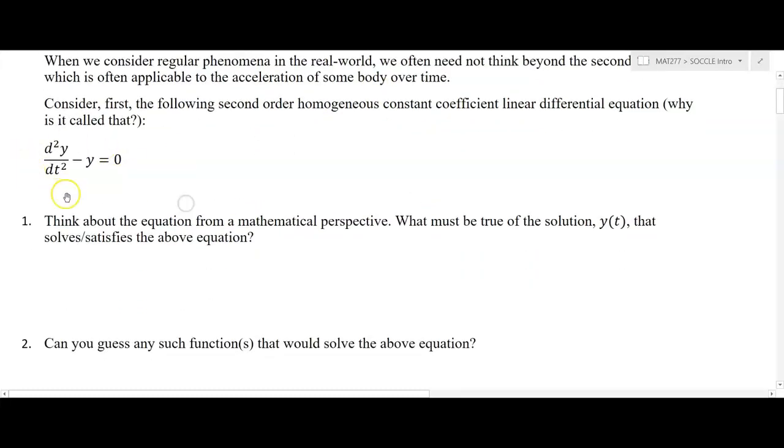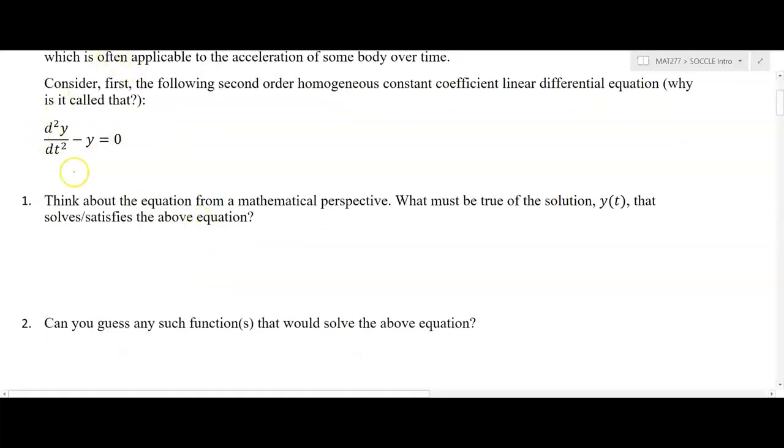So if we look at this equation and we wonder, how do we go about solving this? You can't really use separation of variables in the same way that we were able to with first order. But if we begin to think about what this equation is saying, it lends us insight into what the solution might look like.